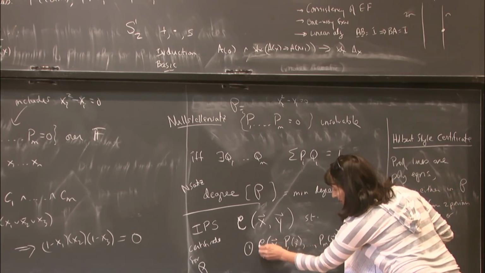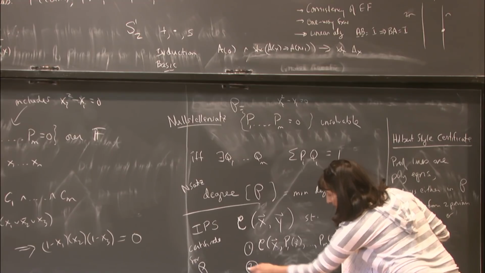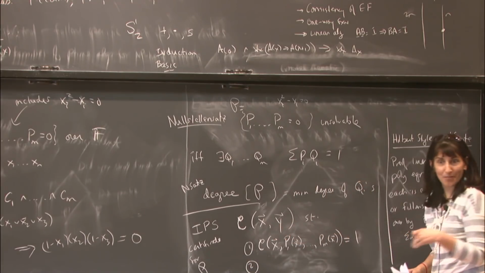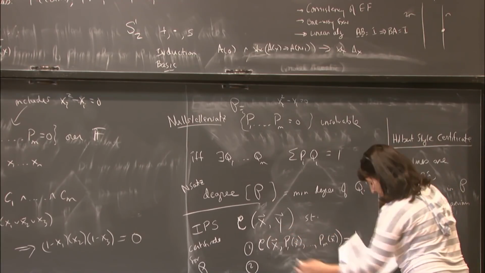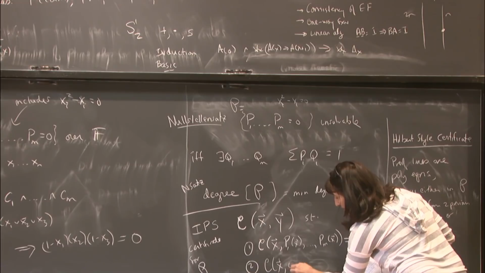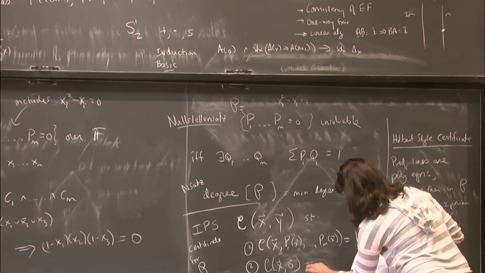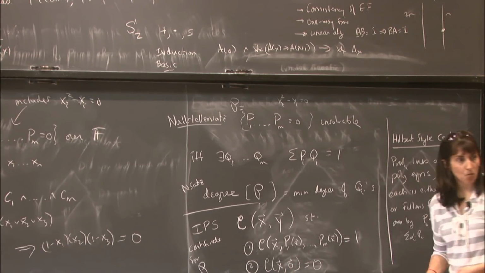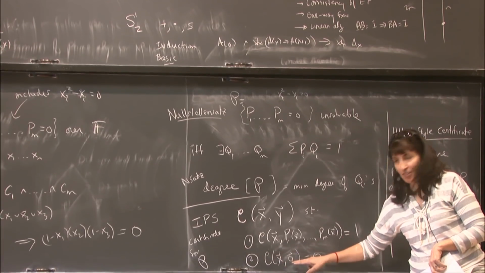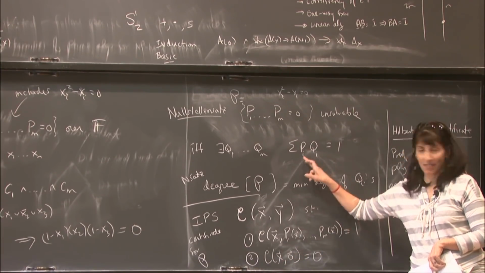So that's what I already said. And two, we want to make sure that you don't do anything illegal. So here we want to say that when we plug in 0 for all the Y's, we should get 0. This is going to make sure that I'm really constructing something in the ideal generated by the P's.